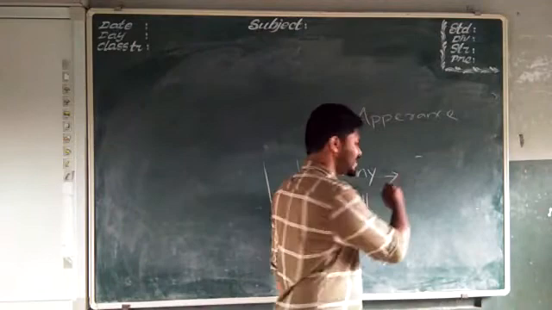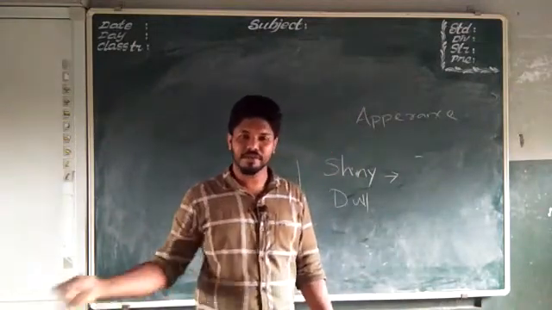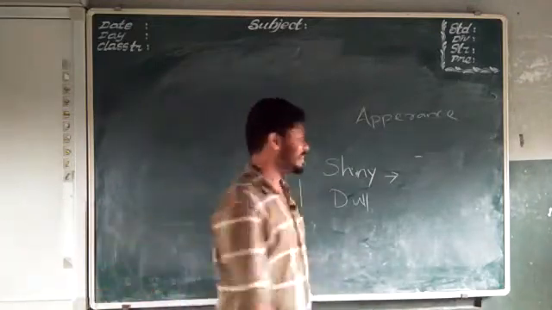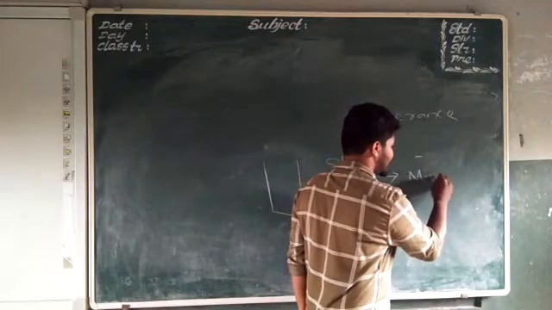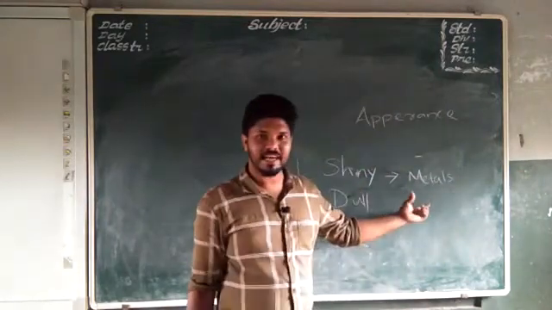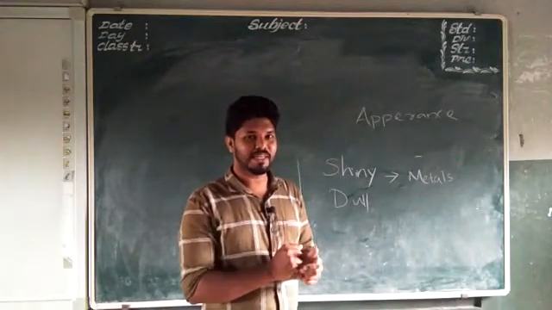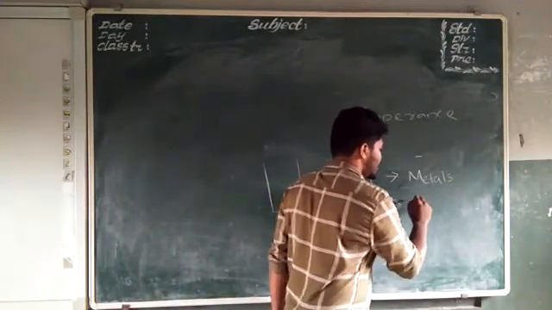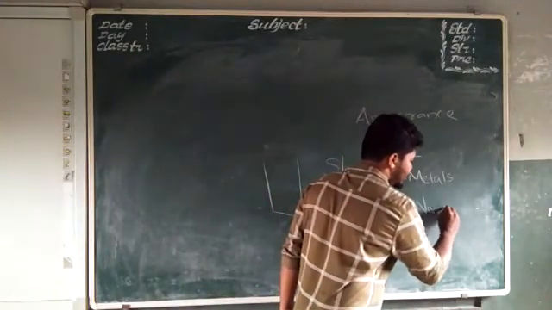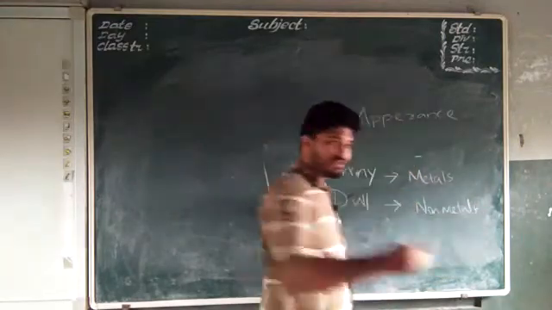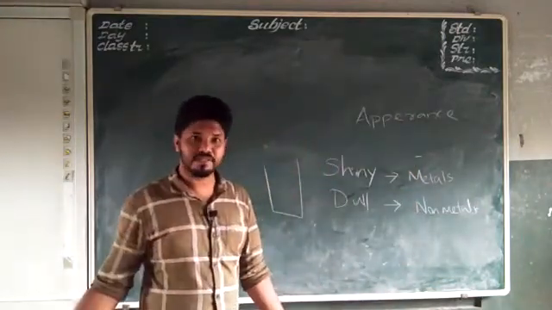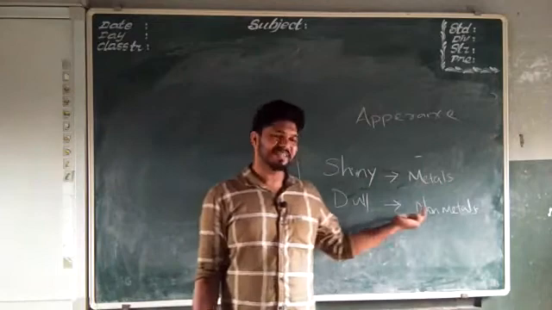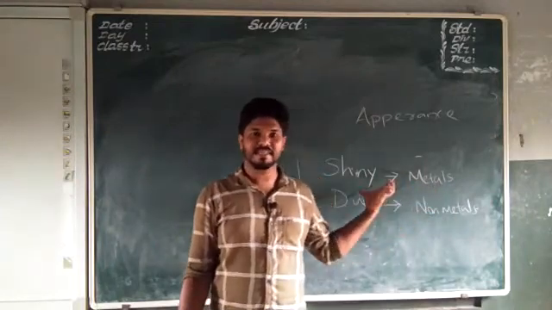Normally, materials like iron, silver, gold, copper will shine and they are called metals. So metals will shine when we make a new cut on them, and those which do not shine are generally non-metals. Chalk does not shine, and a wood piece, when we cut it into two equal pieces, also does not shine. So these are non-metals, and those that shine are called metals.